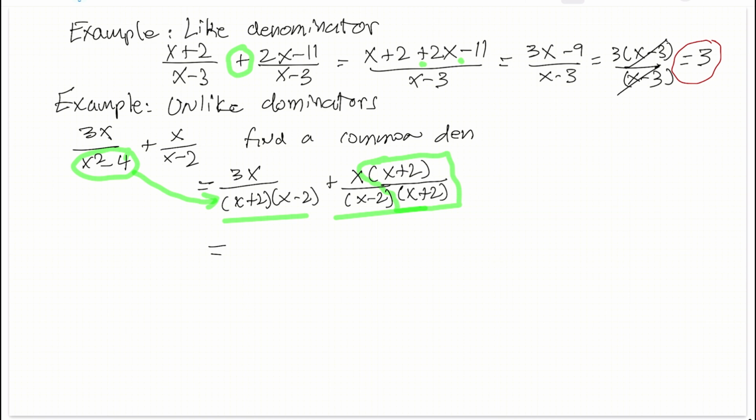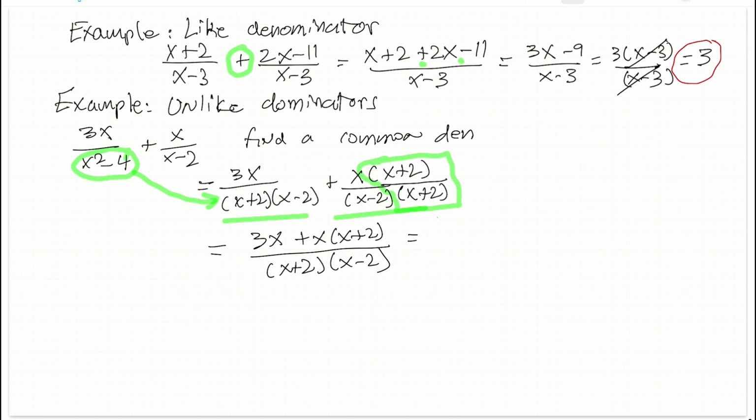So we can combine the numerators. So we've got 3x plus x times x plus 2 over the quantity x plus 2 times x minus 2. Now we will just multiply all this out.